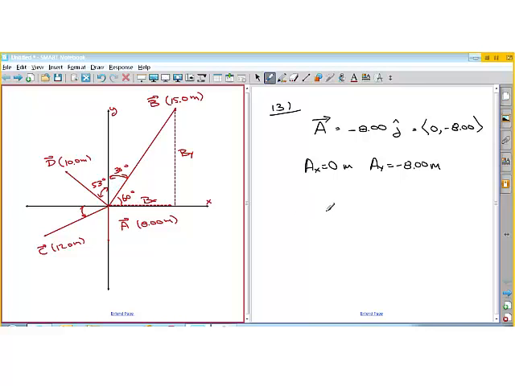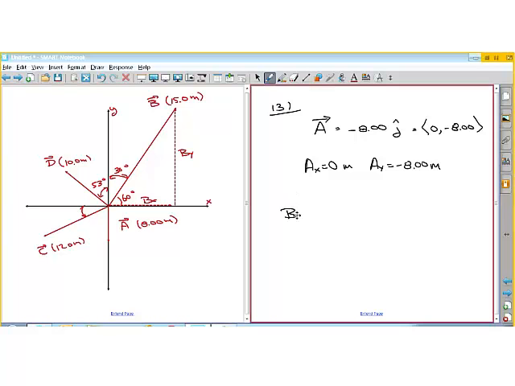To find the components of the B vector, B sub x is going to be equal to B, the magnitude of vector B, which is 15, times the cosine of the angle, 60 degrees.